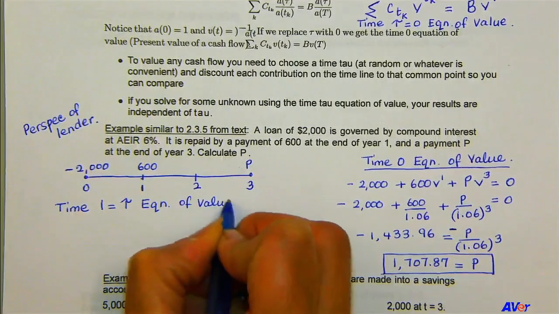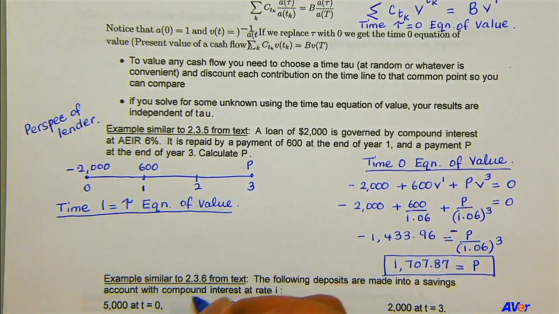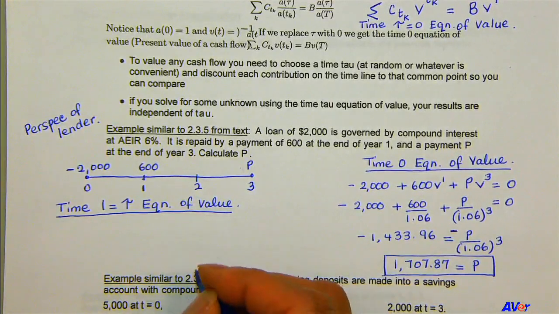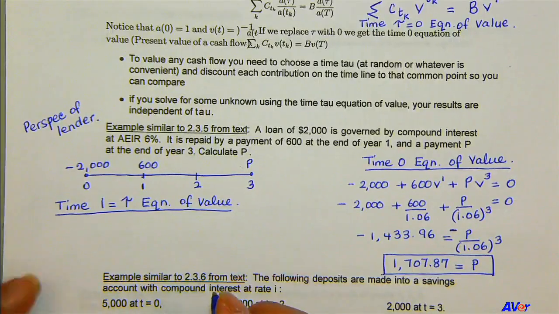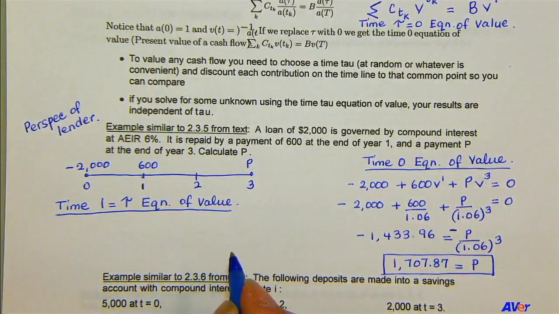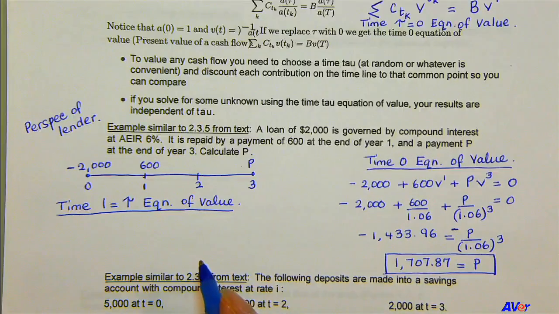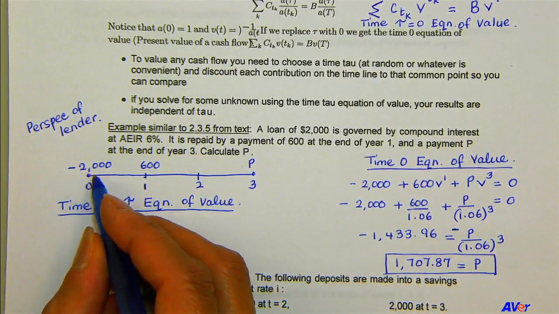Okay, so let's now find the time 1, tau equals 1, equation of value. So once you get used to doing this, you will automatically pick the tau that is most convenient for you when the problems get a little crazier. Right now it's as simple as it can be. Are you with me? Let's do the time 1 equation of value. So bring everything to time 1. What's the value of minus 2,000 at time 1?